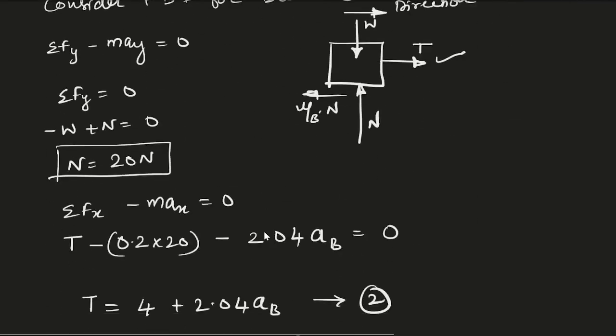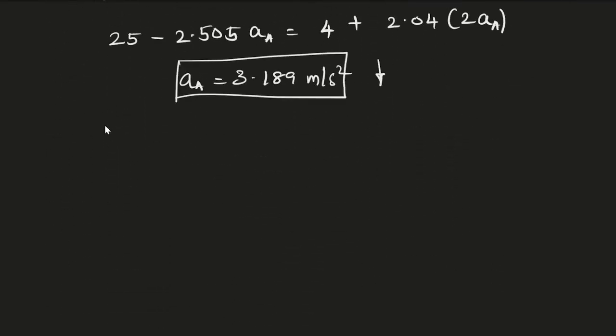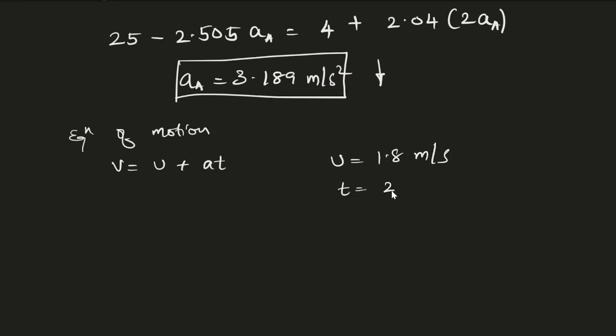Here we'll be using the equation of motion, v equal to u plus at. We know the initial velocity is 1.8 meter per second, the time is 2 seconds, and the acceleration is 3.189. So we can find out the velocity.